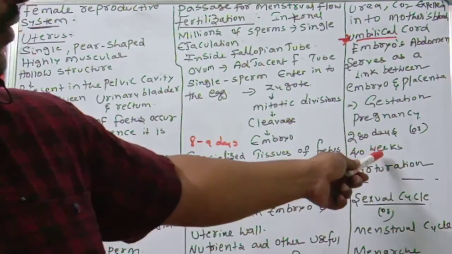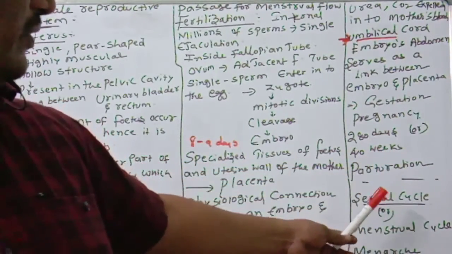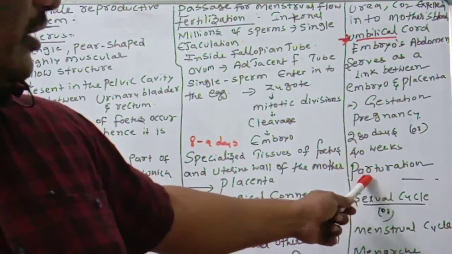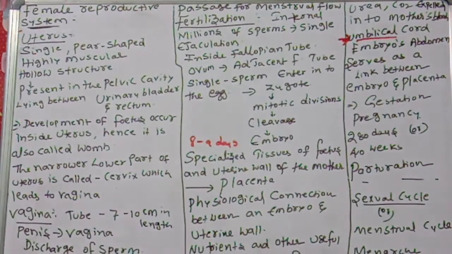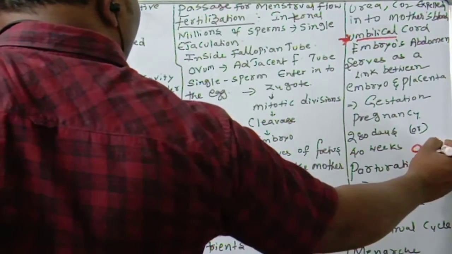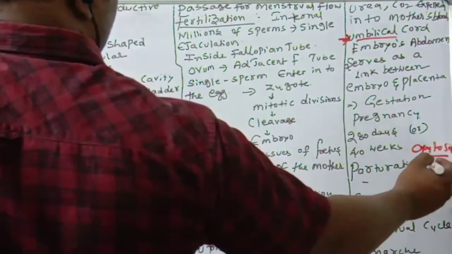Later the fully formed fetus will be expelled out through the birth canal. That process of expelling out from the uterus through the birth canal is called parturition. Here the parturition reflex takes place. The most important hormone you can remember is oxytocin. Remember this hormone, in future it will be very useful.